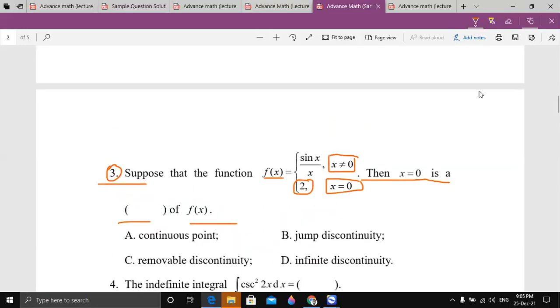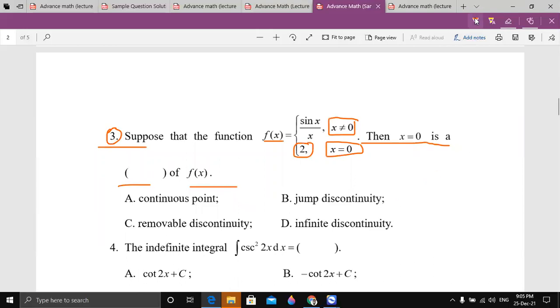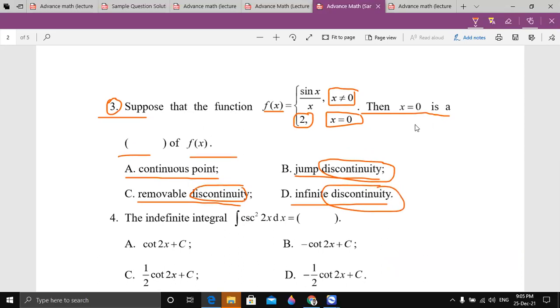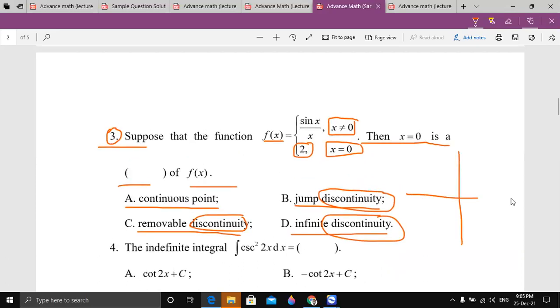firstly we have to look at the answer, okay? Continuous point, jump discontinuity, removable discontinuity, and infinite discontinuity. So you see here, we have 3 discontinuities, right? And if I want to draw a graph, discontinuity means, suppose here is some hole, right?